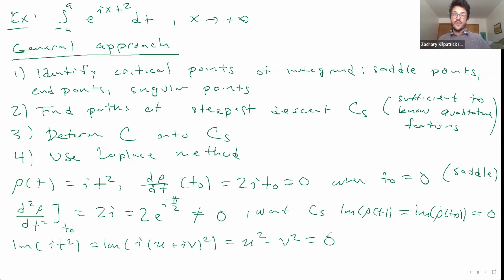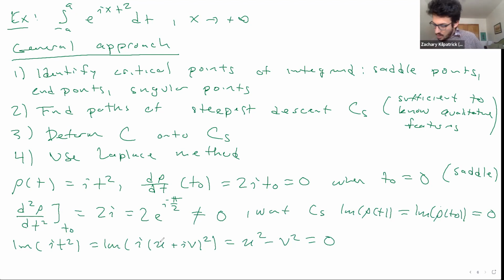So those are going to be sections, or level curves through our complex plane, along which the imaginary part of the argument of the exponential is equal to a constant value. And that constant value needs to be the imaginary part at our saddle point there. So if we cut these contours in this way, then we can exploit these steepest descent curves.